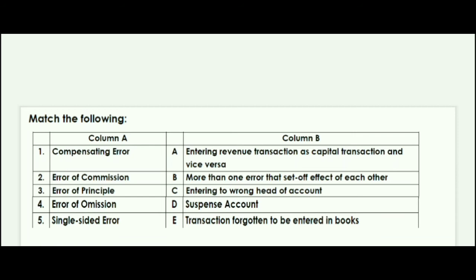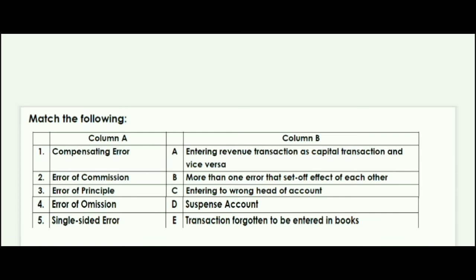Third, error of principle, whose answer will be entering revenue transaction as capital transaction and vice versa. Next, error of omission. Option E will be the correct answer: transaction forgotten to be entered in books.